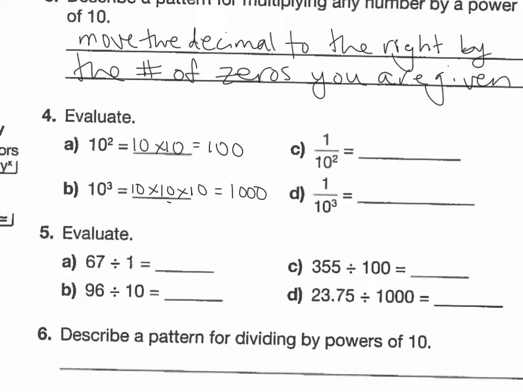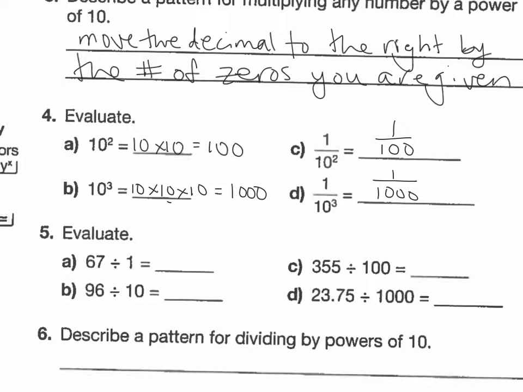Well, we know that 10 squared from this example here is 100. So 1/10 squared will give you 1/100. 1/10 cubed is the same thing as 1/1,000. The 10 cubed here is the same thing as the 10 cubed here, but it's just under 1, so it becomes 1/1,000.